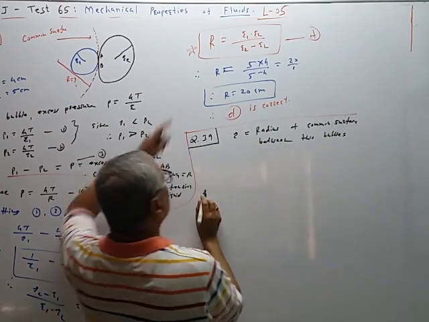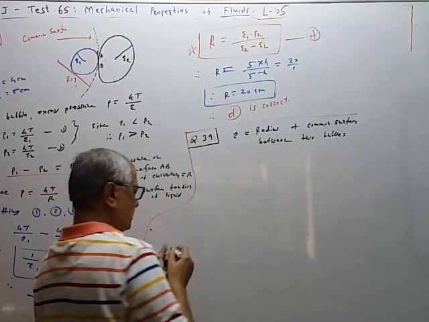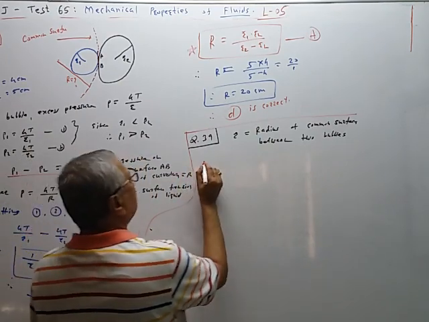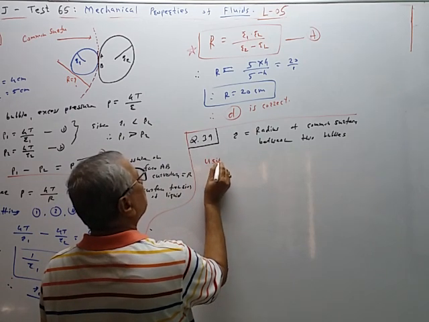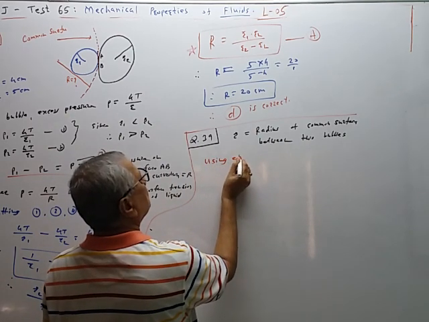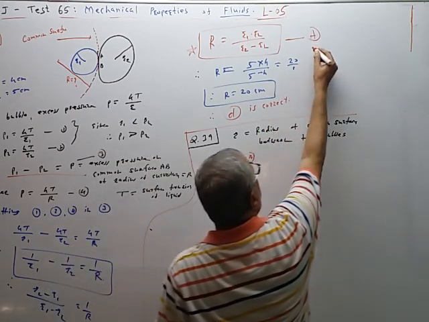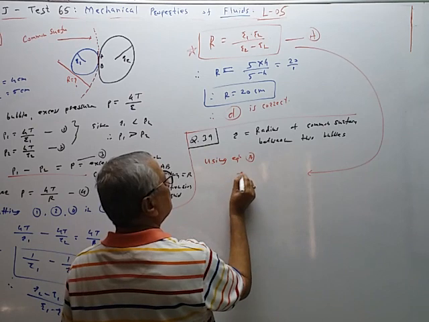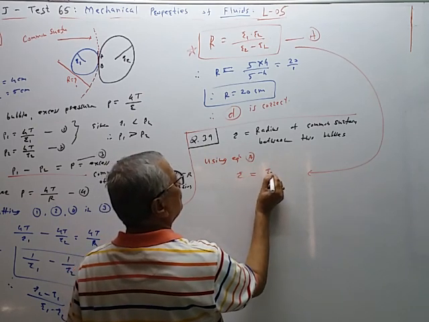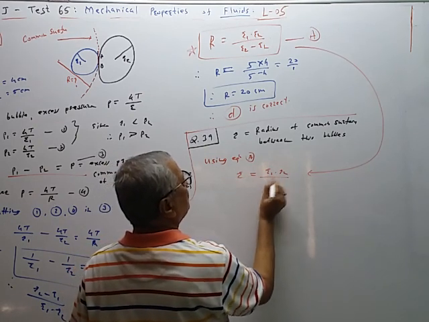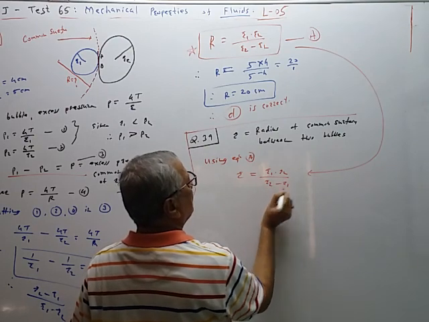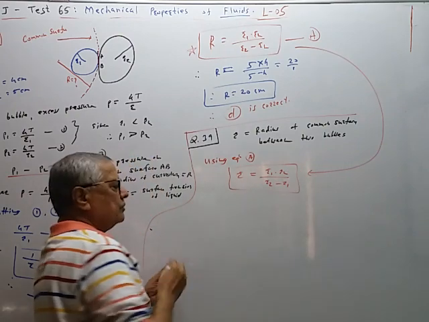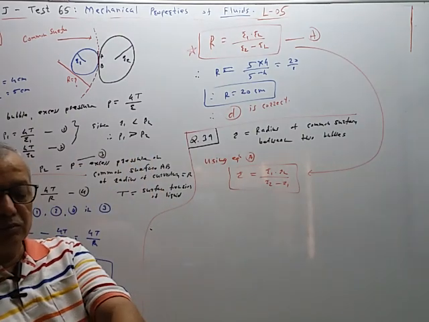So, we have to find R. You can use this relation, using equation E. This equation you can directly use here. Small r is equal to R1 into R2 upon R2 minus R1. Same relation, only we have changed the symbol according to the problem.